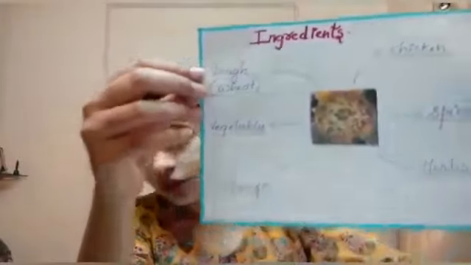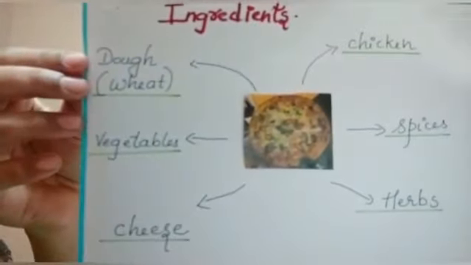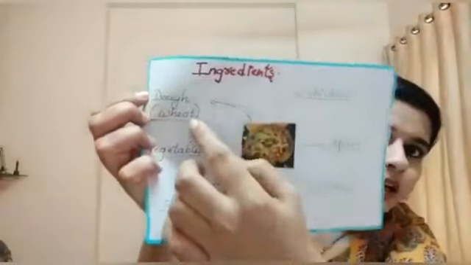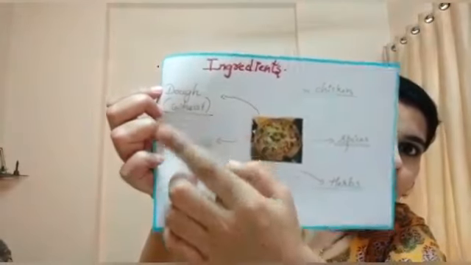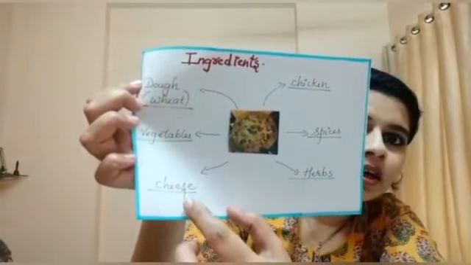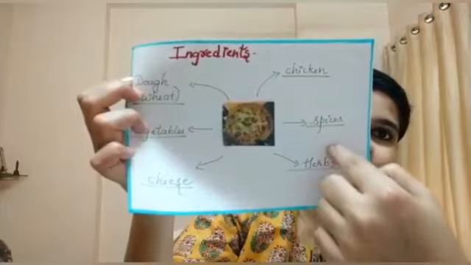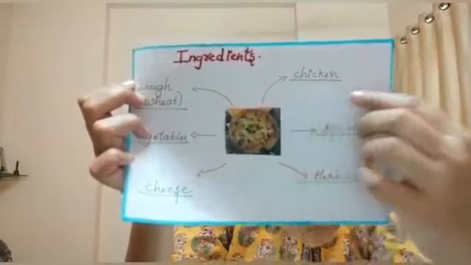See, can you see the picture of a pizza in the center? Right? So, pizza will need a lot of ingredients. For example, you'll need a dough, vegetables, cheese, herbs, spices, maybe chicken, etc. To make a particular kind of dish or an item, for example, a pizza, you will need a lot of items to prepare that food, right?